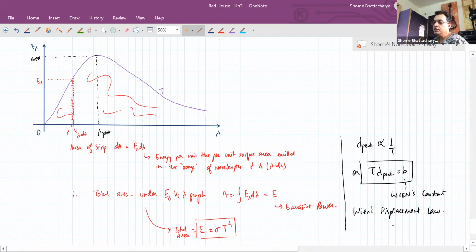So Wien's constant's value is nearly 3, or 2.898 into 10 raised to the power minus 3 meter Kelvin. Again, you don't have to remember the value, just know its significance.